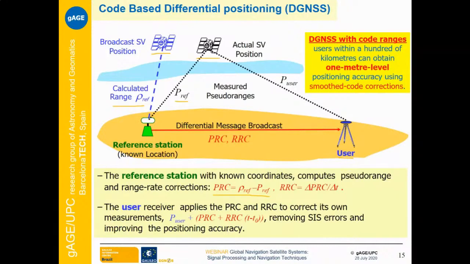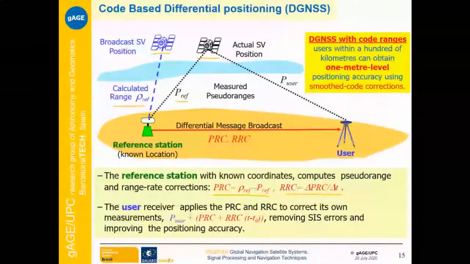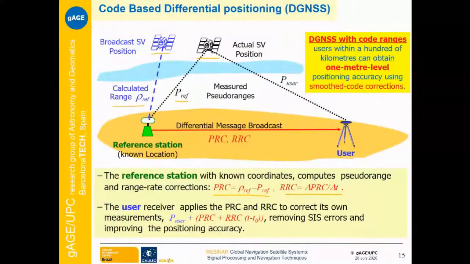We can compute this difference, the pseudorange correction, and also its derivative, what we call the range rate corrections, so that we can broadcast to nearby users these two terms, the pseudorange corrections and their variation. This is what we do in a broadcast message.